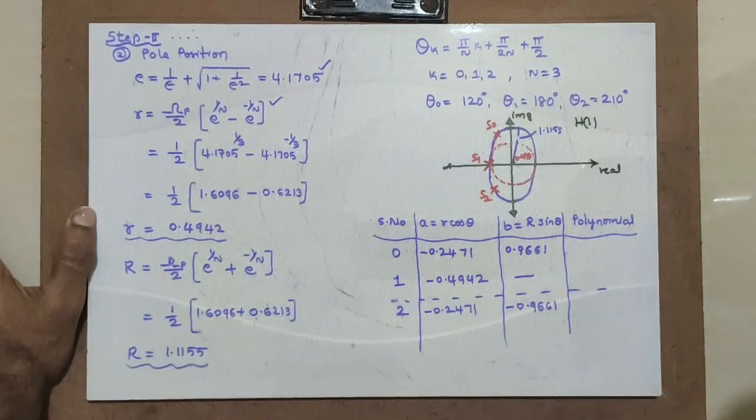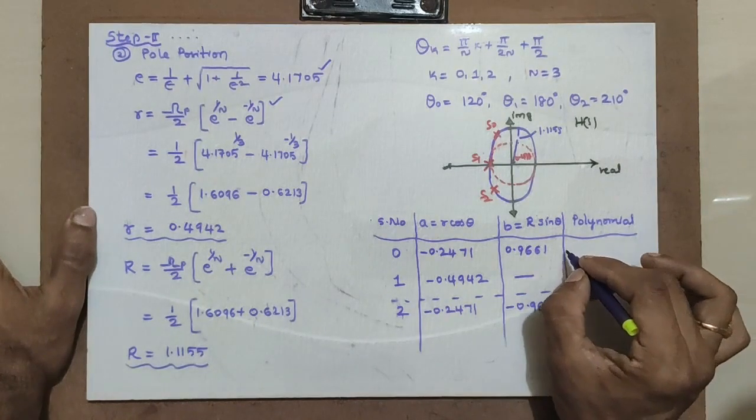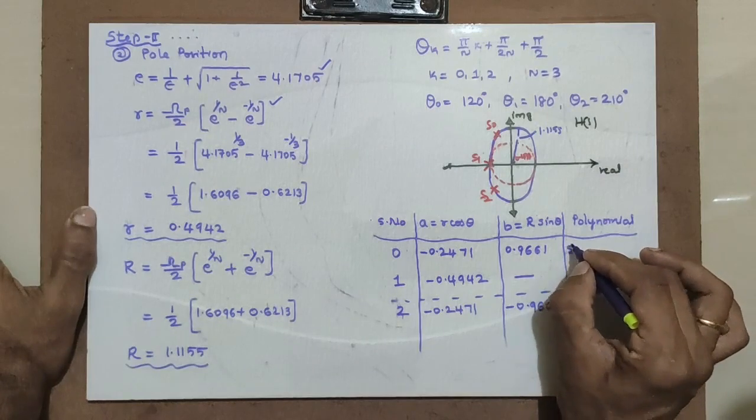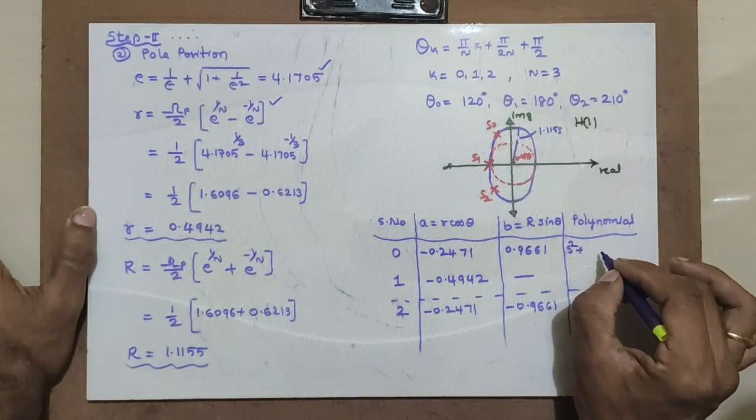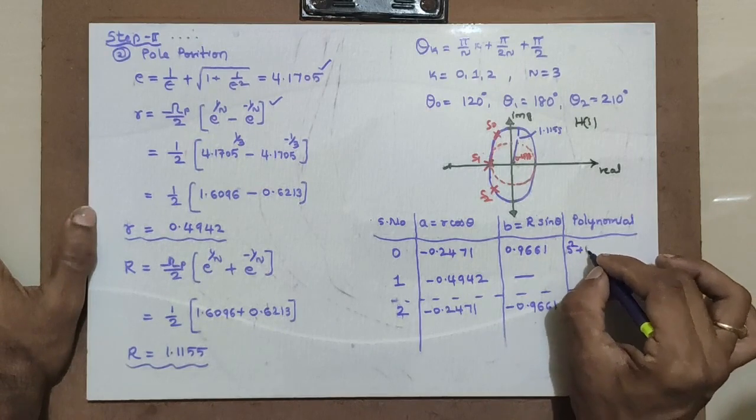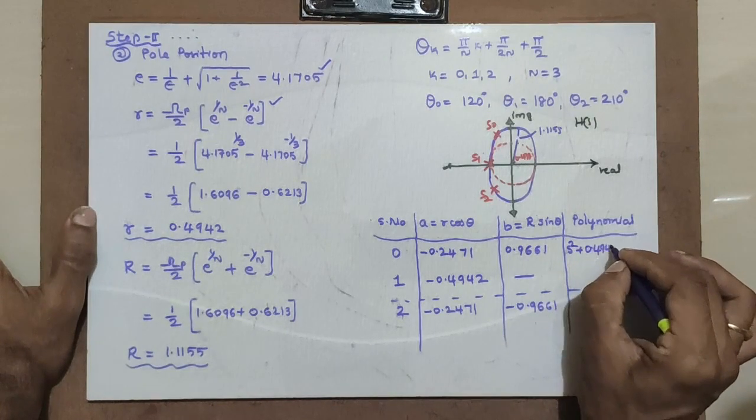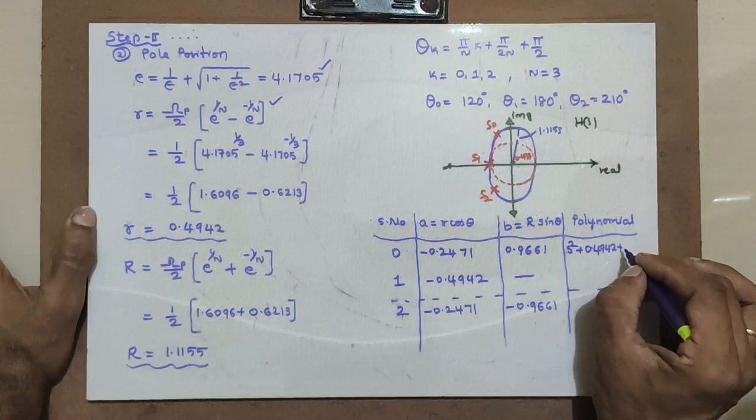Both are complex conjugates, and they give us a polynomial, which is s square plus 2as plus a square plus b square. Hence, corresponding to this, I will write the polynomial s square plus 0.4942s plus 0.9944.